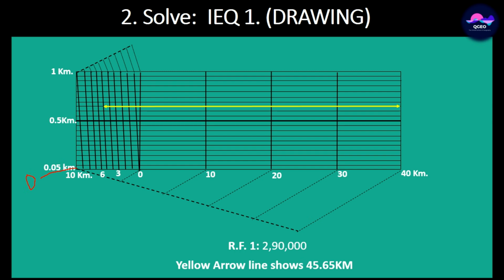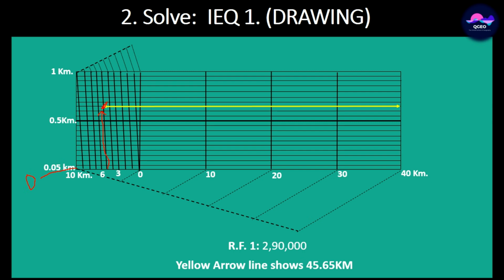Okay, now the yellow arrow line shows 45.65: here the 40, here 6, and here 40, here 5. This is the 5, and in this line, in the upper way, you can take the mark at the 13th: 10, 11, 12, 13.